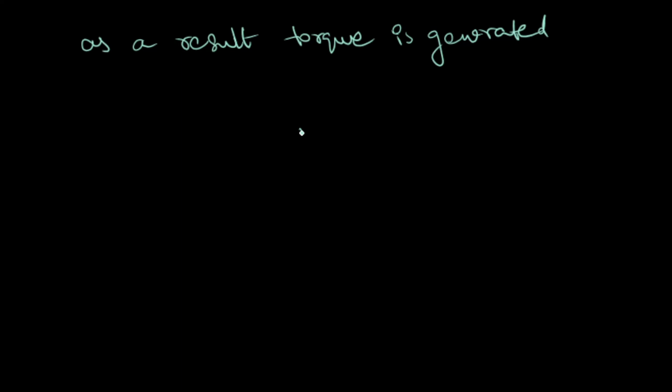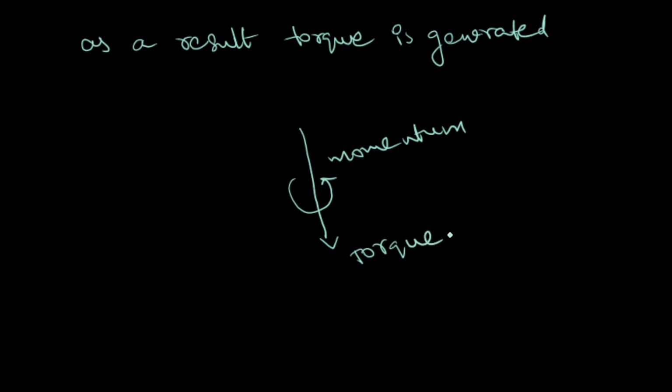Whenever a body rotates about its axis, there will be a momentum for this body, and opposite to this momentum along the axis, there will be a torque acting on this body about this axis. And what is this torque?